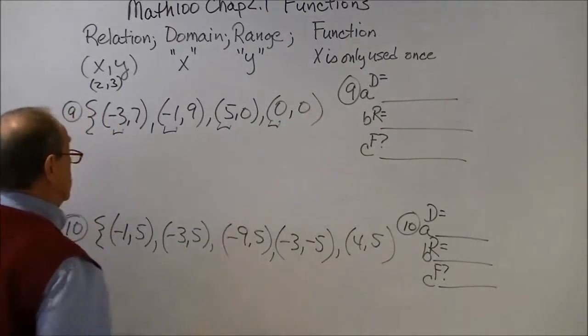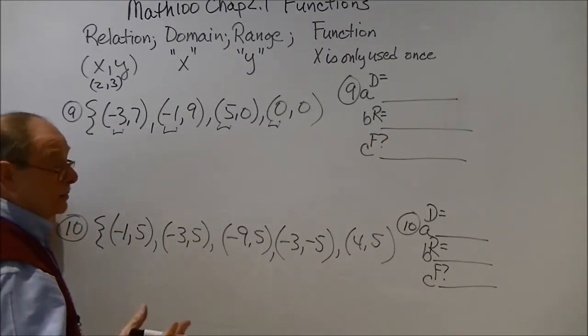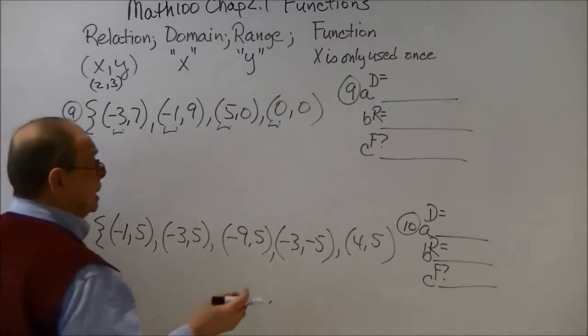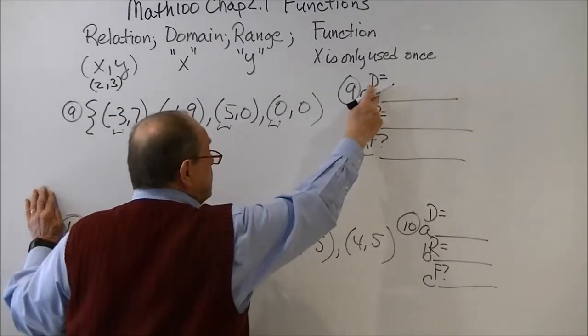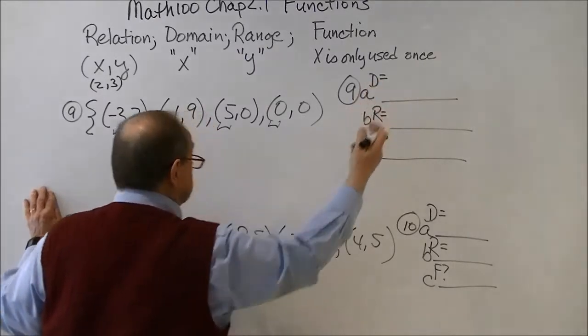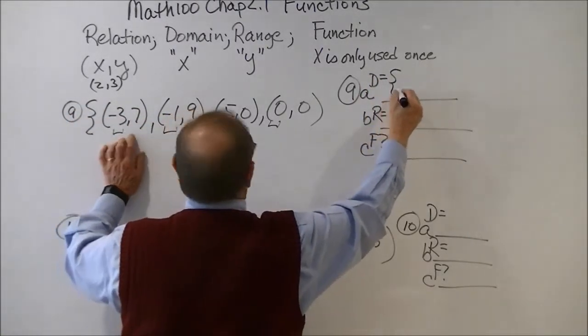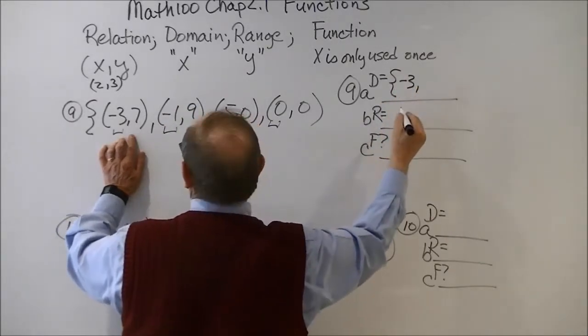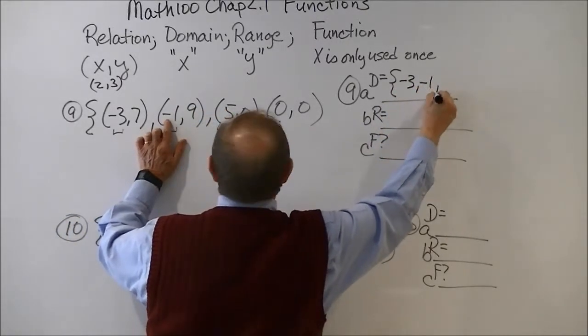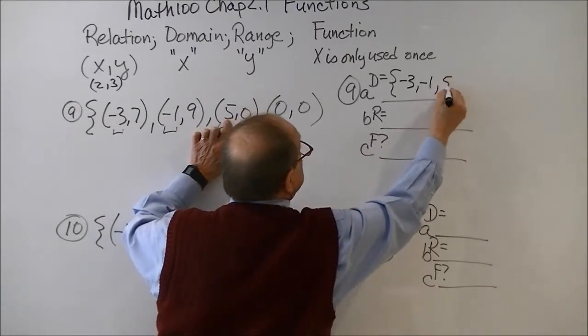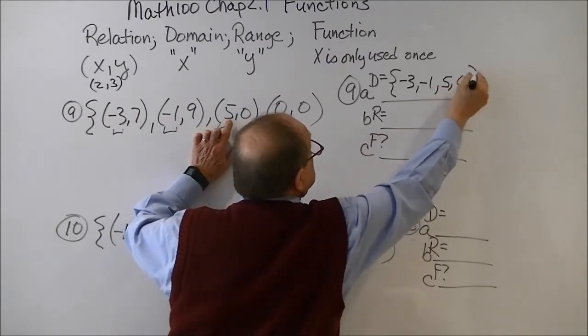So we write it, and my advice to you is when you write this in your homework log, put the D there. D equals, this is the domain, and you're just going to list them. It's going to be a -3, a -1, a 5, and a 0.